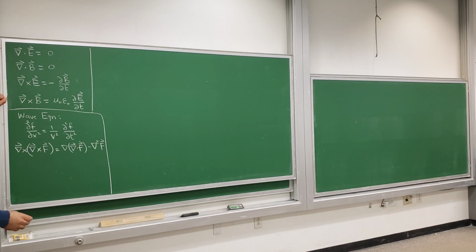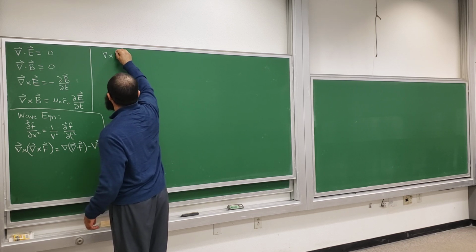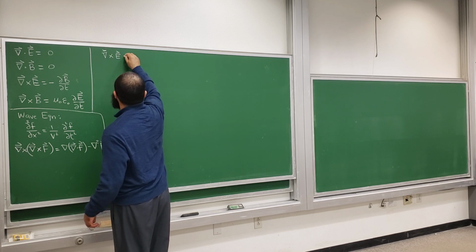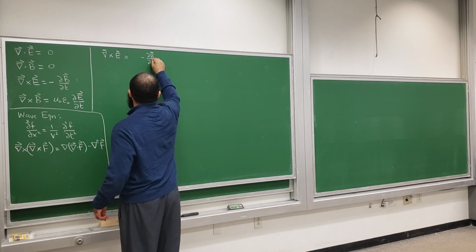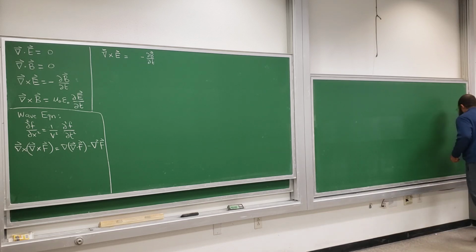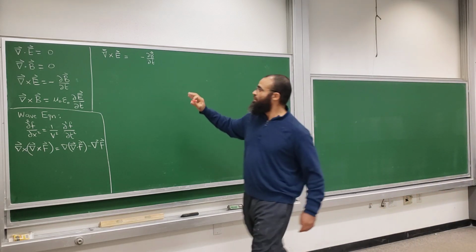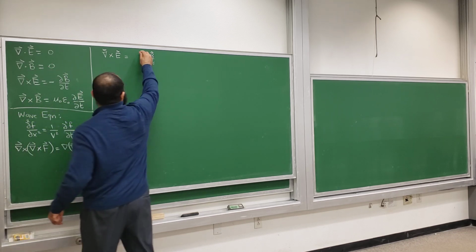So let's do this curl of curl and then go from there just quickly. The curl of E is equal to minus dB dt. And why are these equal? Because it's one of Maxwell's equations, right? And then we said, okay, let's do the curl of this.